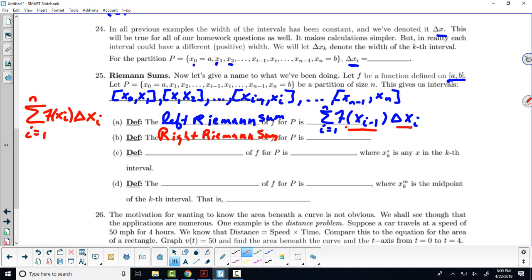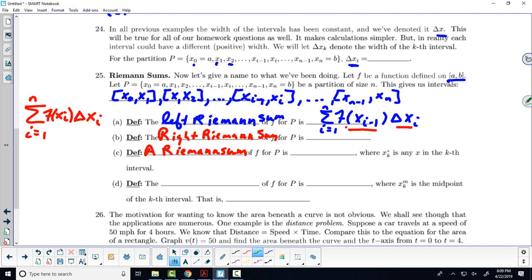So then I could give just the general Riemann sum, or I should say a Riemann sum. What's different here? I'm not specifying how you select the value from the interval to plug into it. When I write this one out, and again I'm out of room, are you guys able to fit these in your notes?